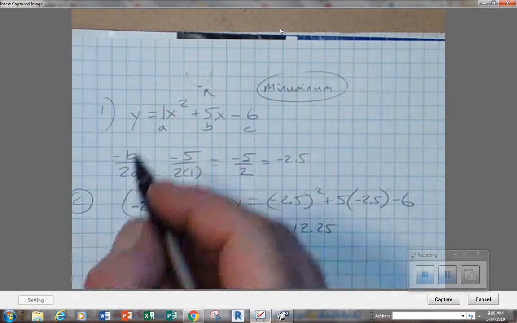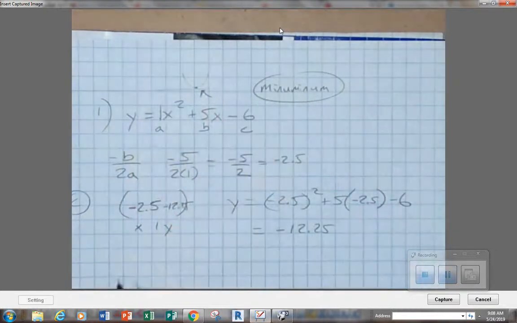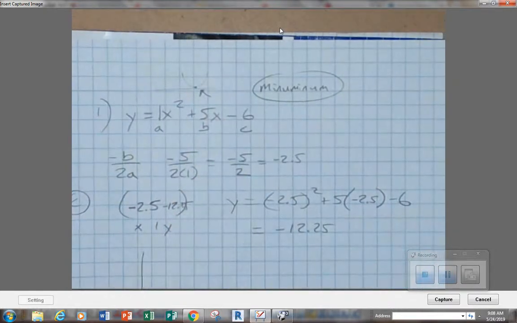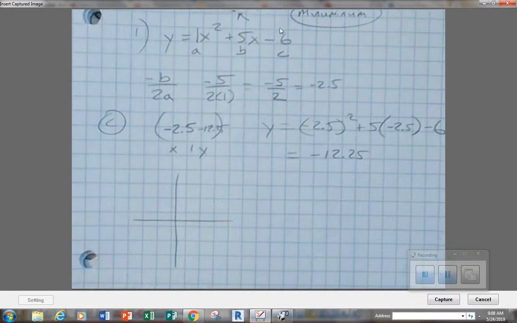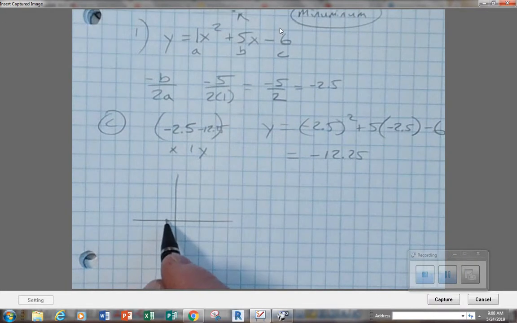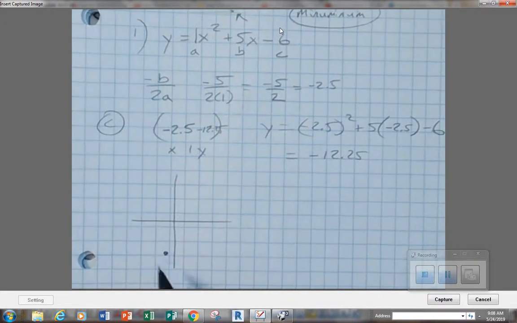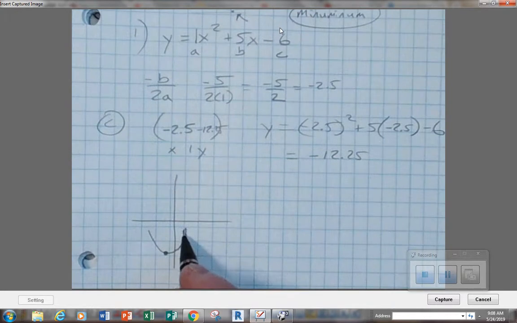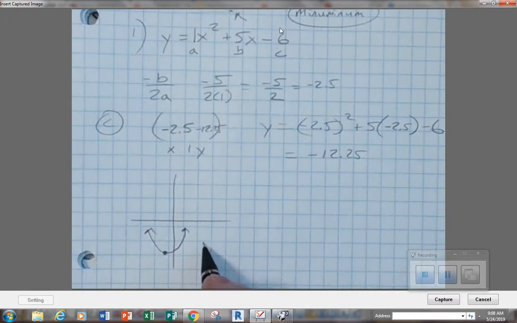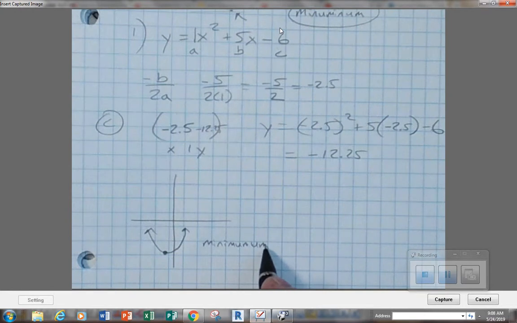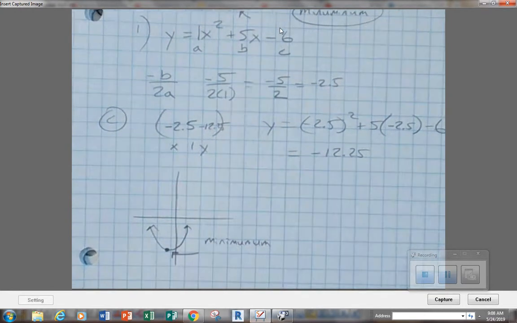Then for the range, if I graph that, it's negative 2.5, negative 12.25, so probably down here somewhere. Opening up, there's your minimum value, the vertex. And sorry if I spelled minimum wrong. That's the vertex right there, the point negative 2.5, negative 12.25.